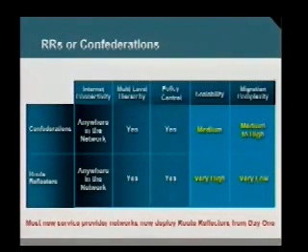The comparison thing, I'm not going to get into the argument. I've told you my prejudices already. Asking somebody, like on the NANOG list, is, I would say, a waste of time, because you get all the confederation people saying confederation, all the route reflector people saying route reflector. Exactly the same as if you ask, should I use OSPF or ISIS?